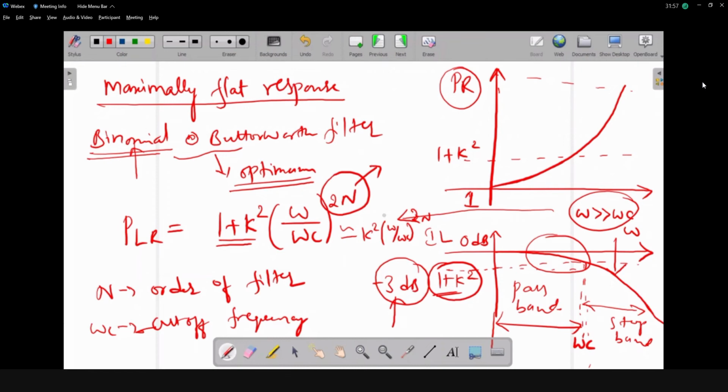It depends on 20n dB per decade. If you know the value of n, the slope will change accordingly.